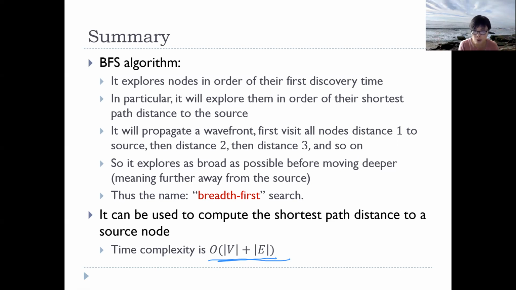The key message to remember is that it's an effective graph traversal and graph search algorithm that takes time only linear in the size of the graph, which is the number of edges plus the number of vertices. And it has the byproduct that it visits all the nodes in increasing distance to the source, and it can be used to compute the shortest path distance from the source to all other nodes.